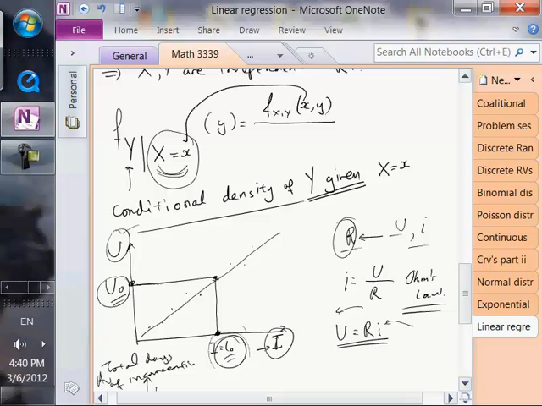That x is the fixed x, and here you divide by the marginal of x. Those x's in this formula are all fixed and all the same, so the only thing that changes, the variable thing, is this y. The left-hand side and the right-hand side.